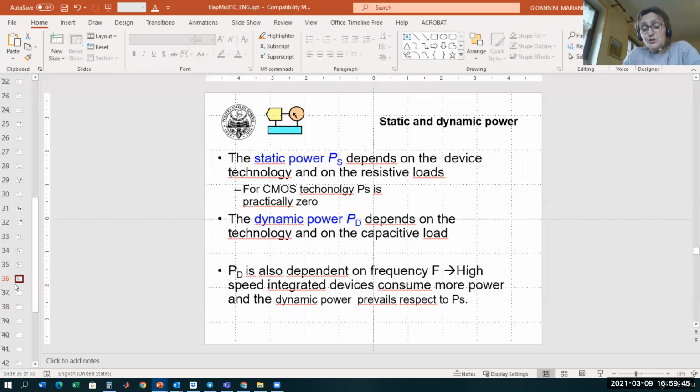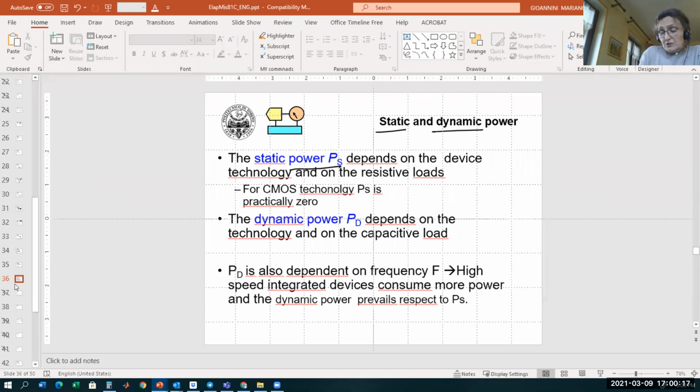So in conclusion, we have seen that we have two different types of power, static and dynamic power. If you consider just one totem pole, the static power is basically zero, because it's just due to the leakage current of the NMOS and you can neglect it.